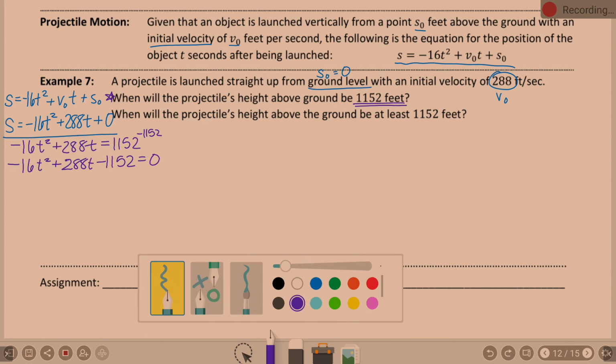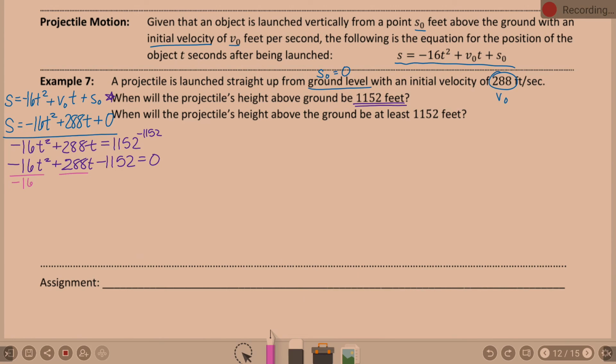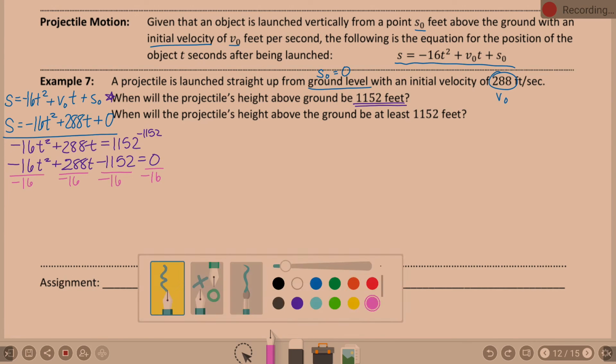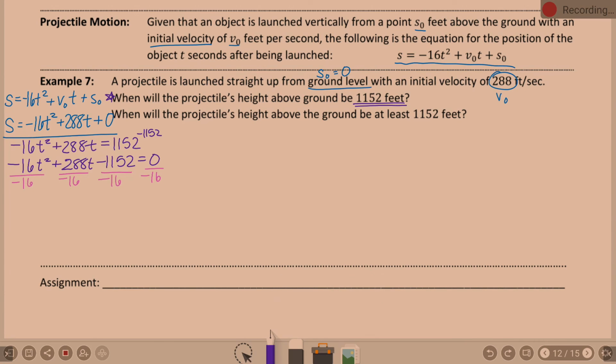So we're going to divide each term by negative 16, and this problem will become 100% better. Because now we're going to end up with positive t squared minus 18t plus 72 still equals 0. Well, now this bad boy will very easily factor.